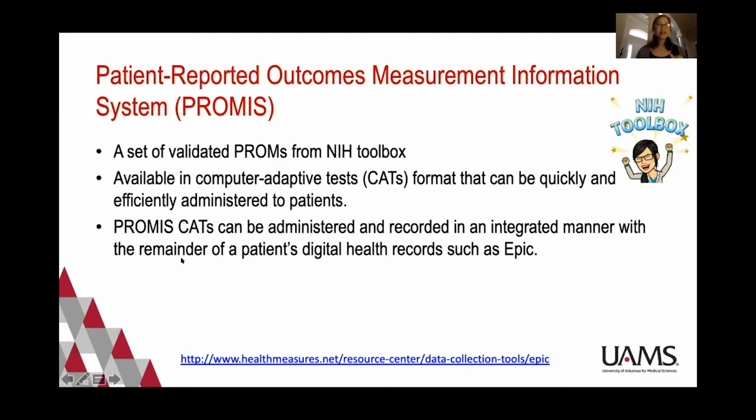And the exciting part is that a lot of these measures are available in computer adaptive test, or CAT, format that can be quickly and efficiently administered to patients. It reduces the number of questions the patient needs to complete. So it's very useful and minimizes the administrative burden for patients and saves time.